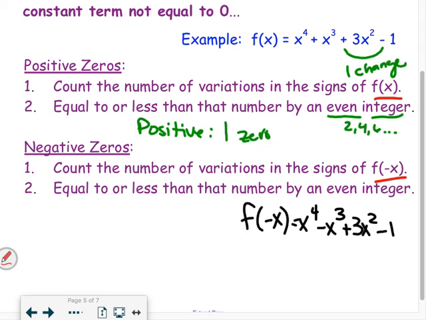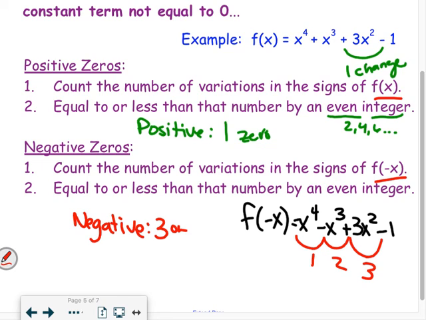1. Now count the sign changes in f of negative x. So positive to negative is 1, negative to positive is 2, and positive to negative is 3. So for the number of negative real zeros, there is either 3 or less than that by an even number. 3 minus 2 is 1.